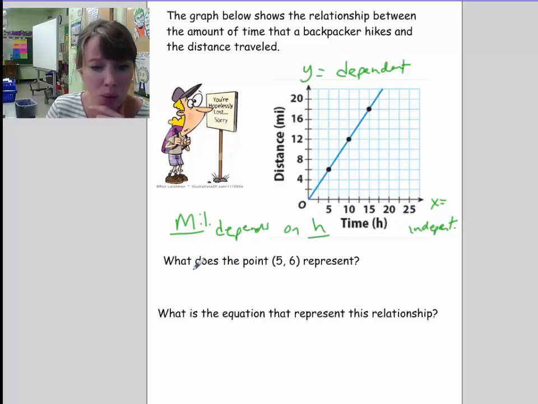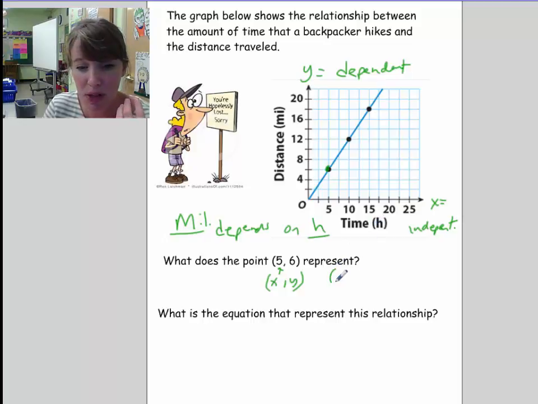Okay, so what does the point 5, 6 represent? This is this point right here. Well, here the 5 is the x variable and the 6 is the y variable. What is the x variable for this specific problem? 5, 6 is x and y in general, but for our problem specifically, it's hours, miles.